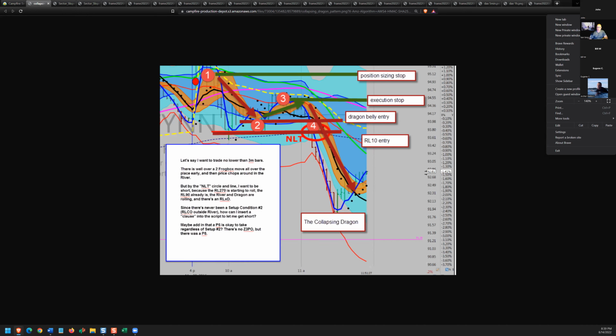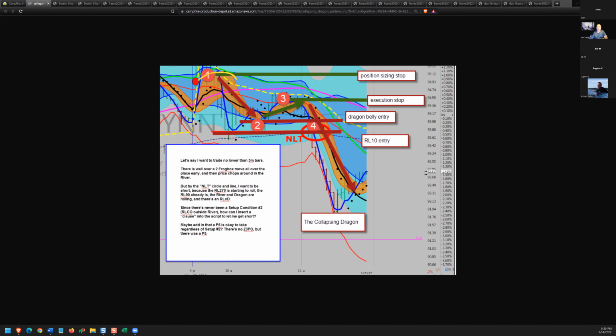This one, the collapsing dragon happens when you have a peak in the dragon. We also count the RL10 as a peak too. And then you have a sell-off, and you have the belly of the dragon or the belly of the RL10, either one of these. It rolls over again, and you have a lower high.